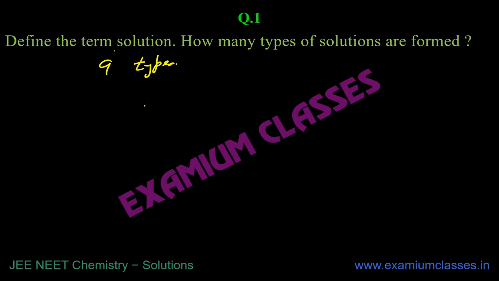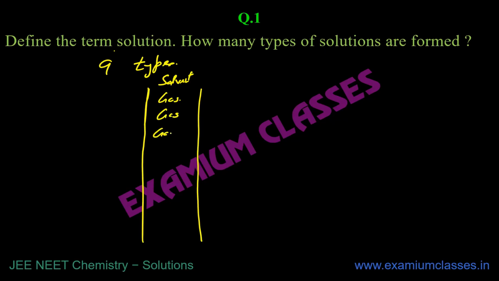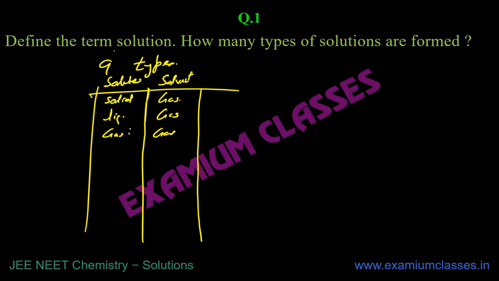Why will there be 9 types? Because if I talk about solvent, if solvent is gas, there are 3 possibilities. The solute can be solid, liquid, gas itself. So this is a set of 3.